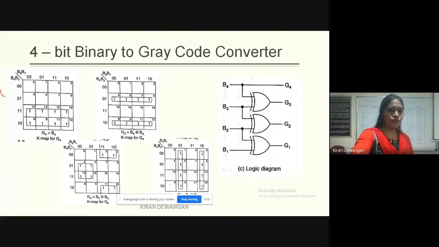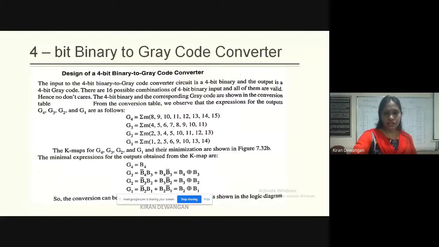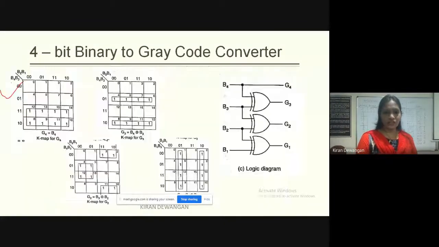This is solved for G4. G4 हमने देखा था, it was high for these combinations 8, 9, 10, 11, 12, 13, 14, 15. So where is our 8? This is our 8, 9, 10, 11, 12, 13, 14, 15.